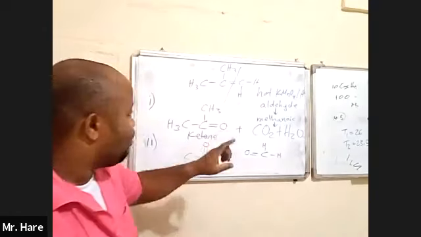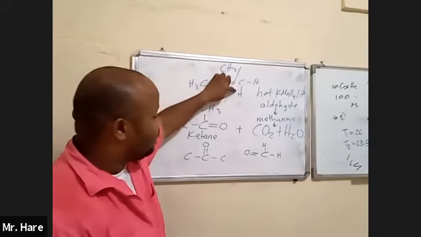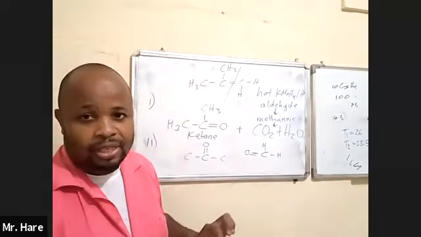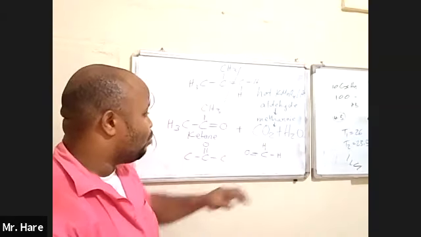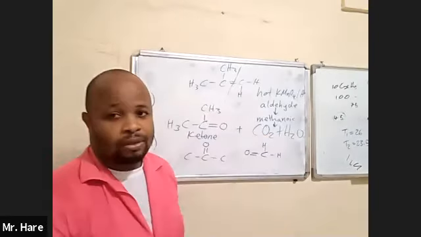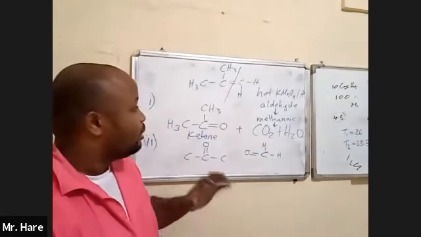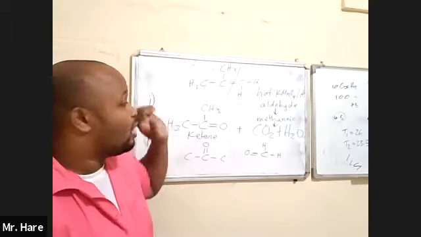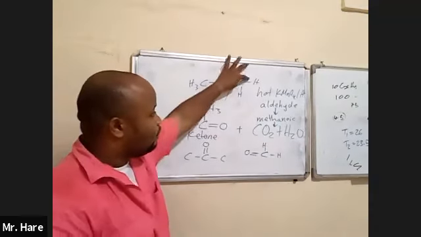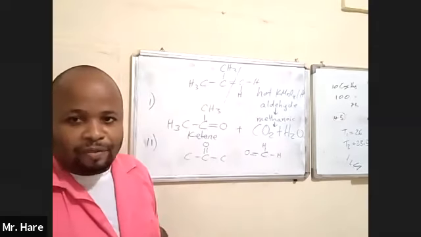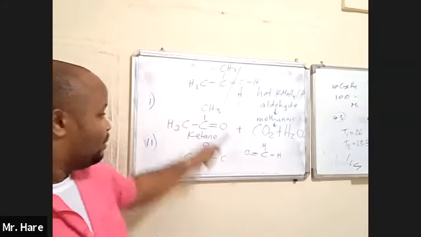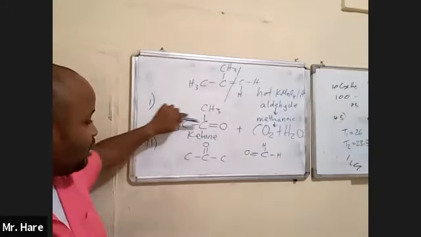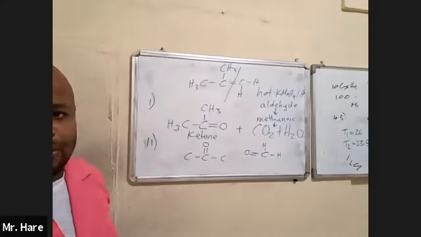But when a single carbon has 2 hydrogens on it, you are going to get methanoic acid, and that will break down to give you carbon dioxide and water. So if the carbon of the double bond has 2 hydrogens on it, then the final product is carbon dioxide and water. Based on this structure, it's a ketone, so it stays as a ketone. Now I'm going to adjust the structure.